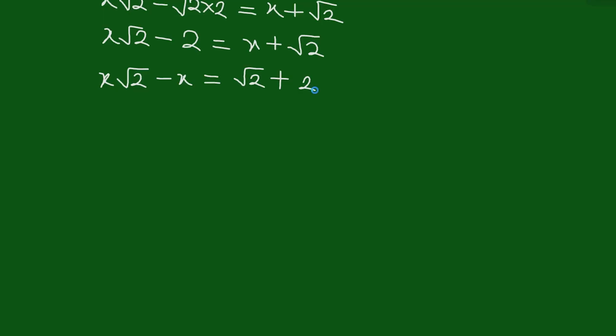These are rational numbers, while this is an irrational number having a variable, which is x. So we factorize the left hand side. We have x, open bracket, root 2 minus 1, close bracket, and that equals root 2 plus 2.